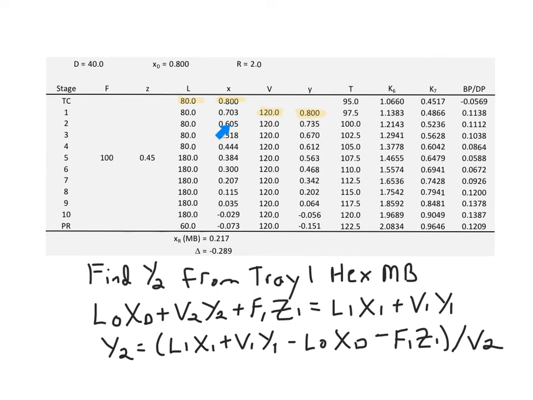Then the X value, the liquid phase composition leaving tray 2, is in equilibrium with this Y value using the K value. And that continues all the way down the column. Now, in Solver, we'll ask it to go ahead and iterate all these bubble point and dew point equations to get the correct temperatures, and then these other calculations will be done automatically.